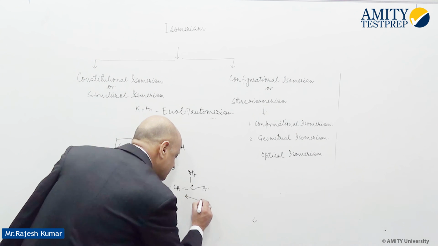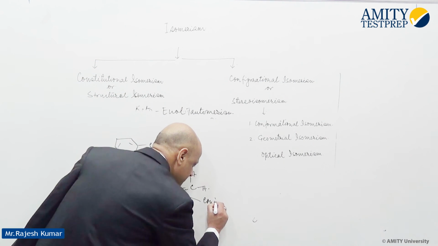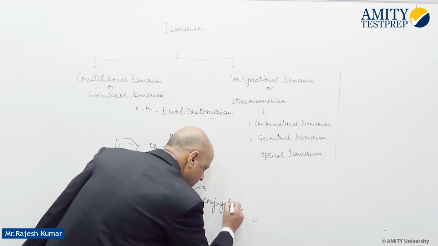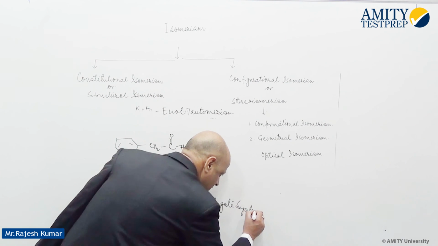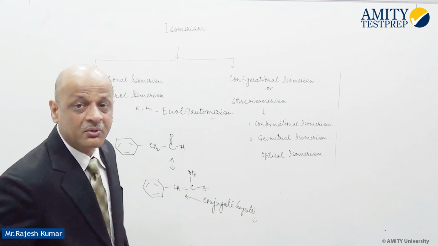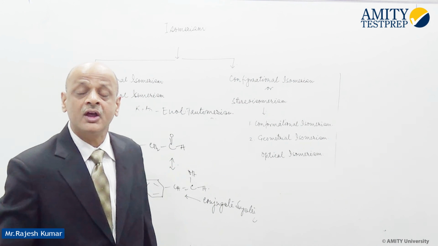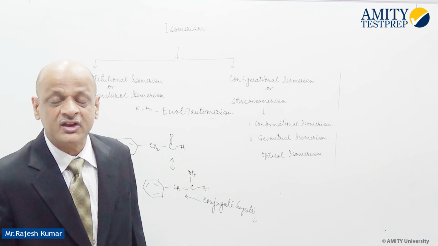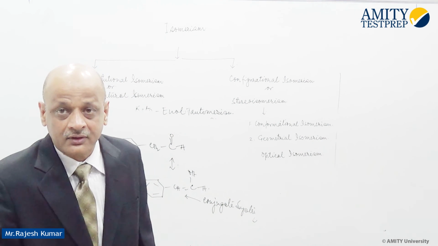So due to the presence of the conjugate system, enol form is more stable than keto form. So there are so many factors responsible for the increase in enol content. Thank you.